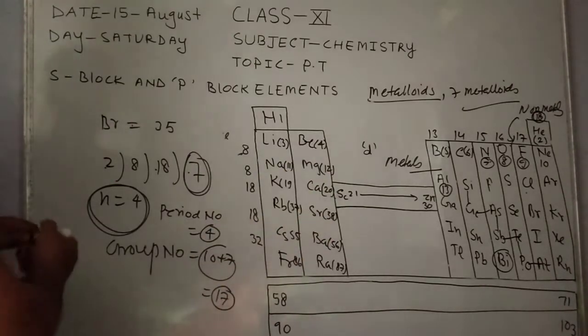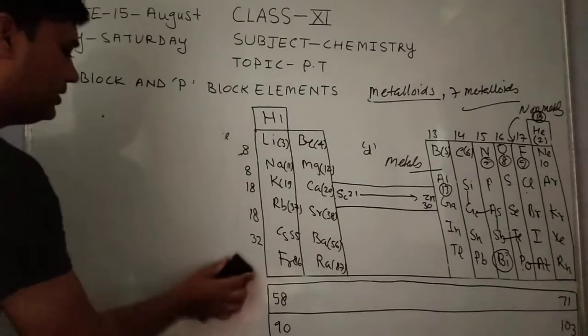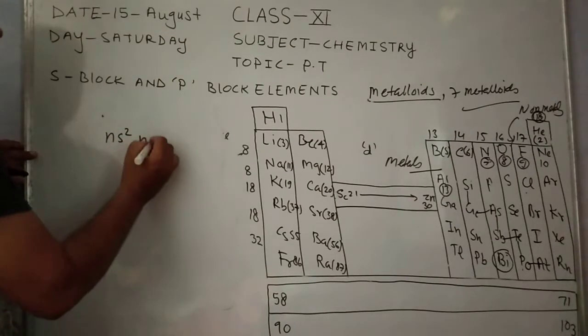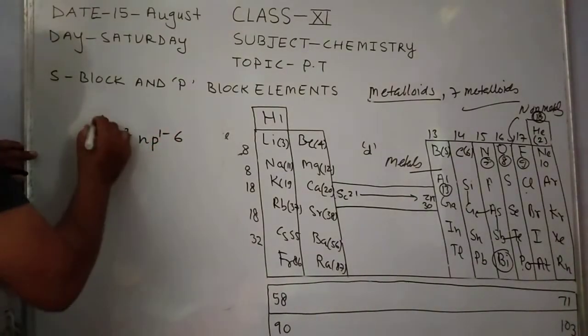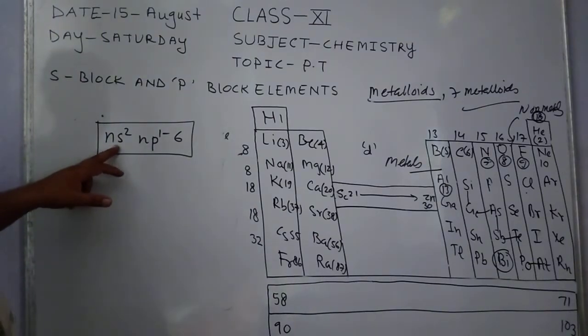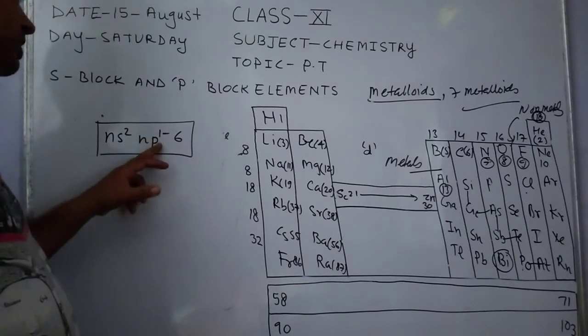the general electronic configuration of p block elements, which is ns2 np1 to 6. It means in the outer s subshell the number of electrons is 2, but in the outer p subshell the number of electrons varies from 1 to 6.